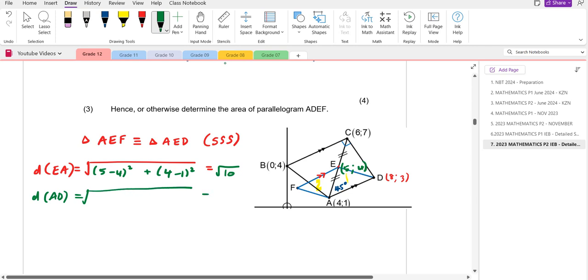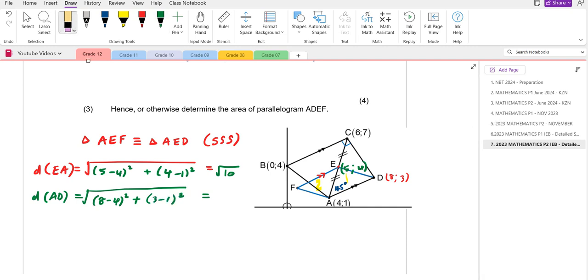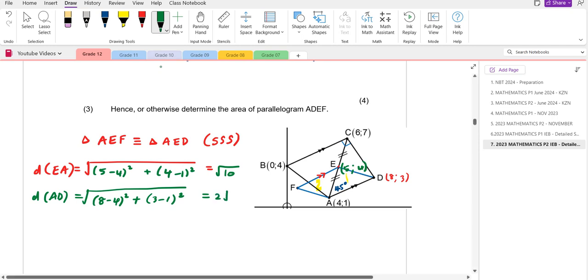Then if I calculate the distance AD, it is going to give me 8 minus 4 squared plus 3 minus 1 squared. That's 16 plus 4, 20. The square root of 20 is 2 root 5, because 5 times 4 is 20 if you take the 2 back inside.